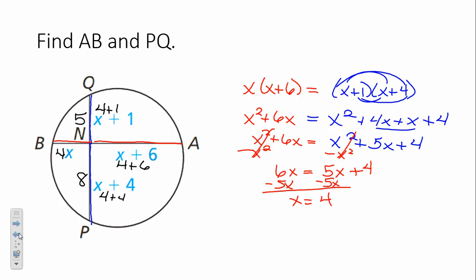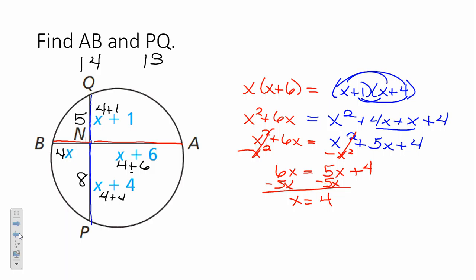So 5 and 8 together get me a total of 13. PQ is 13. Okay? And then 4 plus 10 will be AB, or the distance between A and B, which is 14. Okay, so don't stop. Always check your directions to see if they're asking you to find x or to actually plug it back in. Okay?